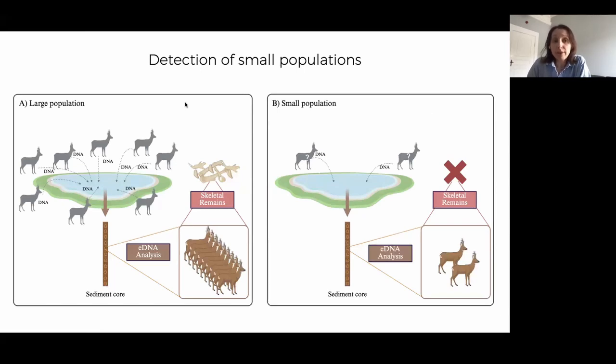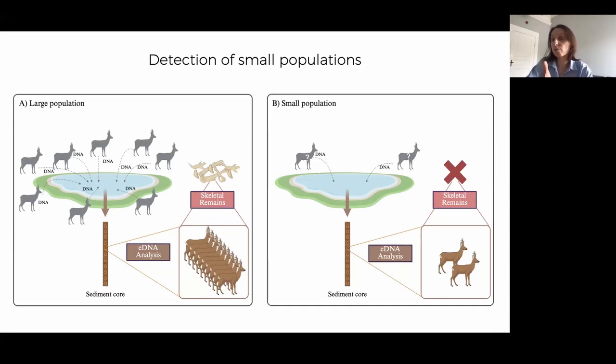And now another advantage of ancient environmental DNA is that it's quite efficient in detecting small populations. If we have a large population with a lot of individuals on the landscape, we are likely to find both eDNA in the sediments that are still deposited somewhere nearby, but also skeletal remains.